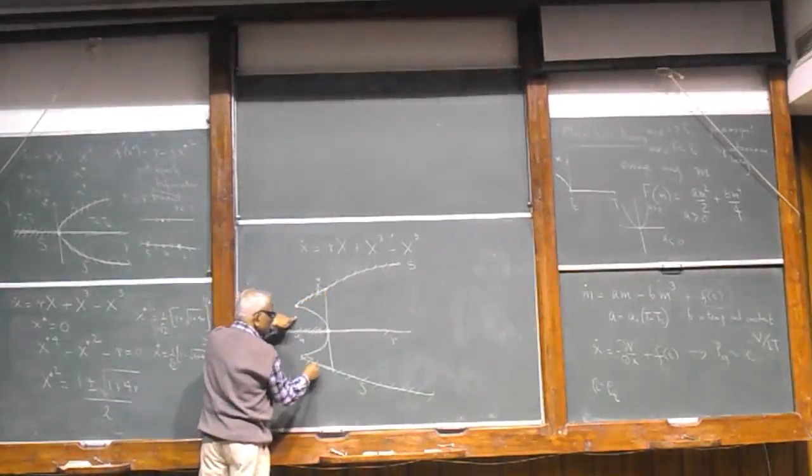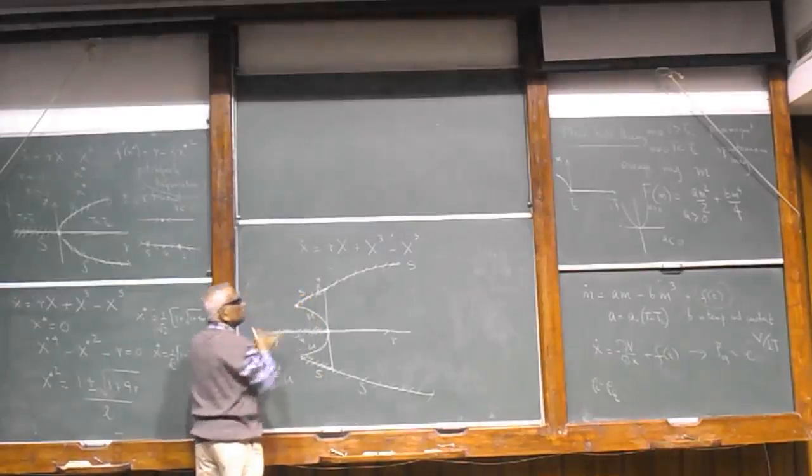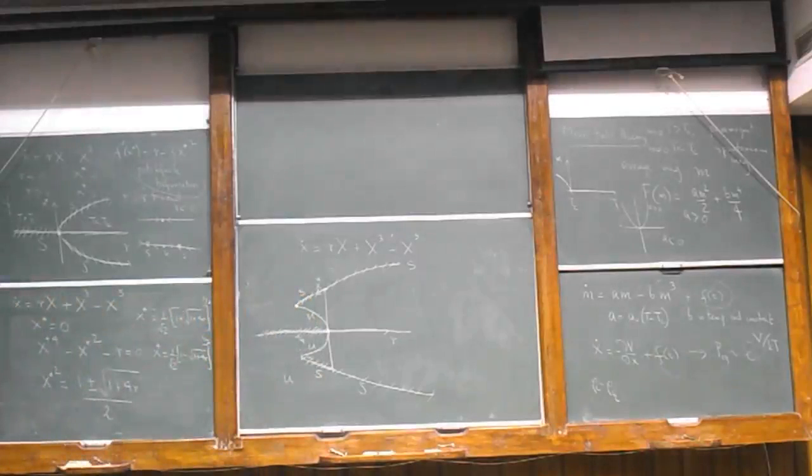And similarly, this remains stable all the way down up to here. Correct? This dashed line is the x equal to 0 fixed point. Now, the dashed means it's stable. Yes, it's stable x equal to 0.